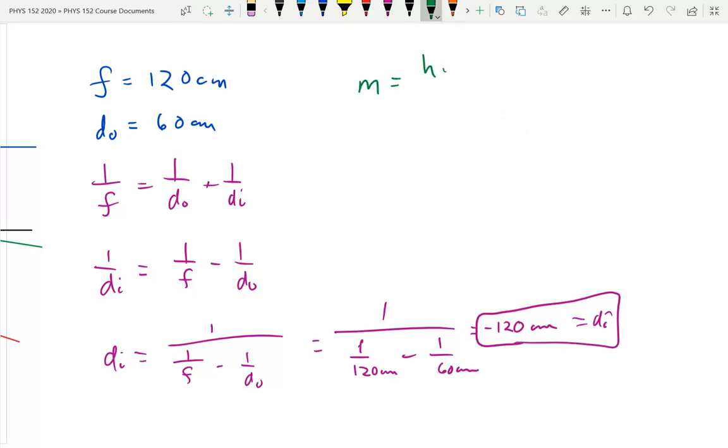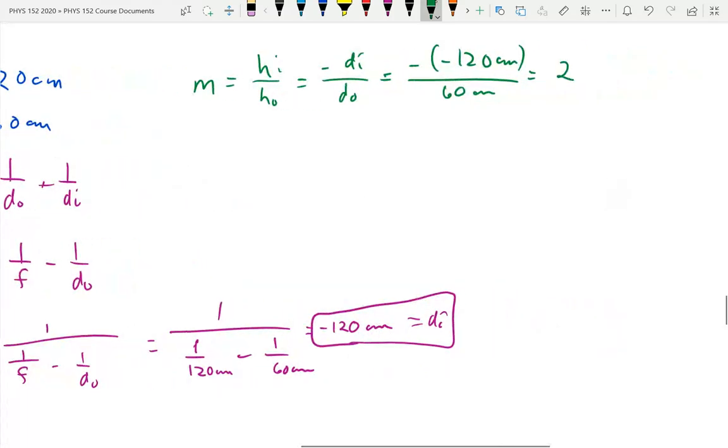Magnification is equal to the height of the image over height of the object equals minus distance image over distance object equals minus 120 centimeters over 60 centimeters equals 2. Now, we call this sometimes the lateral magnification. At this point, we're just calling it magnification.